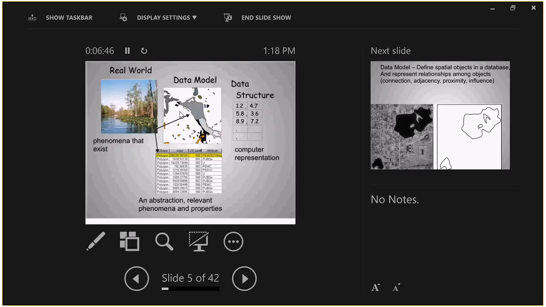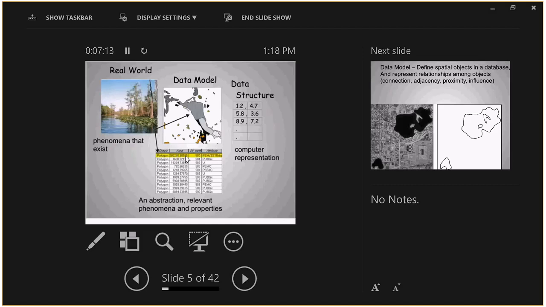The data model is the abstraction of reality. And like I said last week, it basically involves having a bunch of points. So this is a polygon, and everywhere along that polygon there's a point, an XY representation of all of these points. And then we can attach attributes.